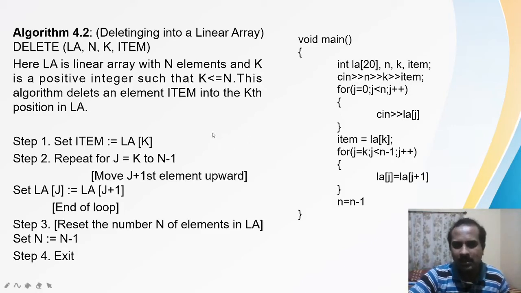In both insertion and deletion, after the incrementation or decrementation of n, you have to display the elements. So you can do that for j equal to 0 to n minus 1, j plus plus, cout LA of j, close close.